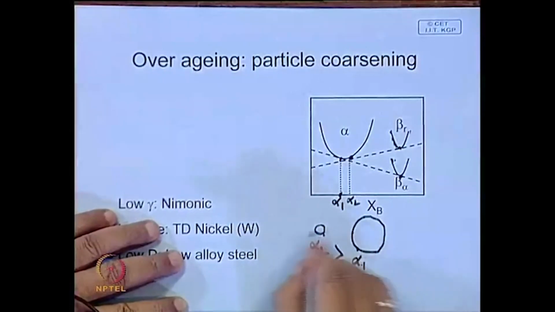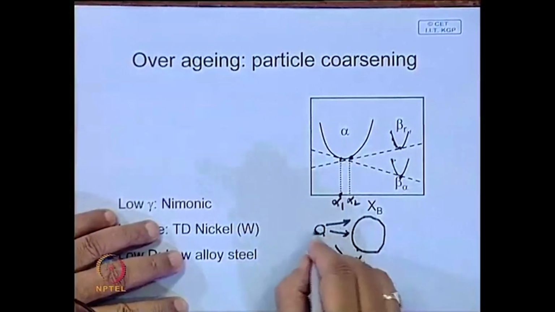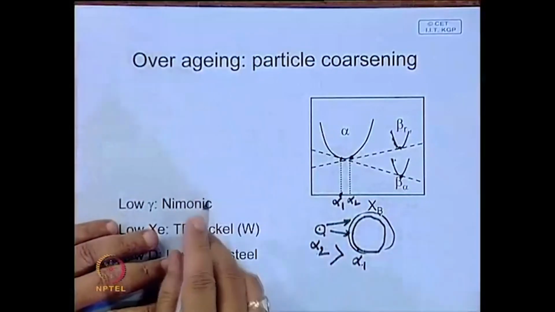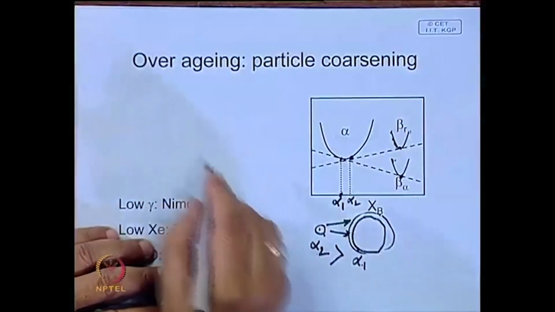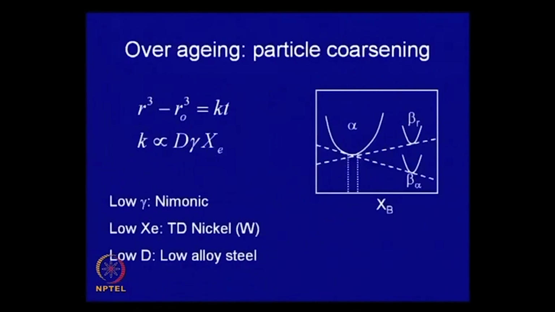So, there is a concentration gradient. So, this will diffuse, and finally, this will disappear, this will grow. This is the process called Ostwald ripening, and it is possible to show that the process of ripening follows a kinetics, say something like this.